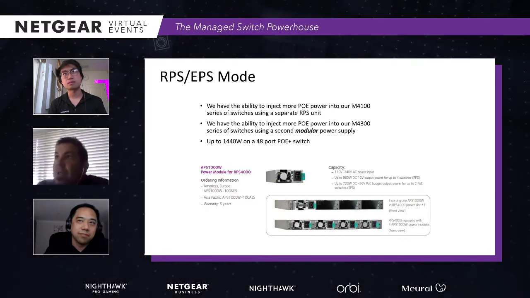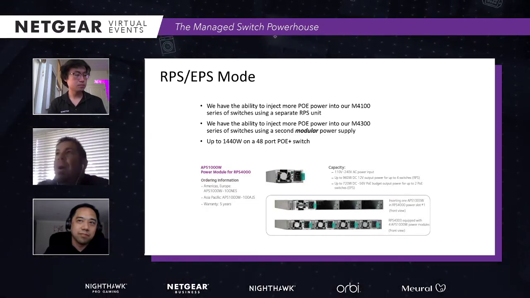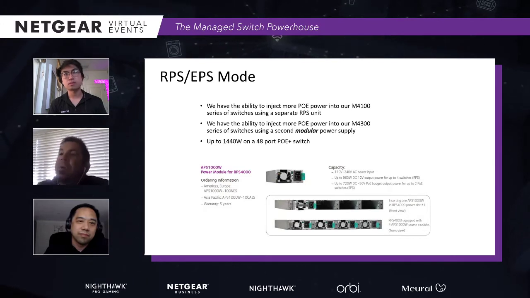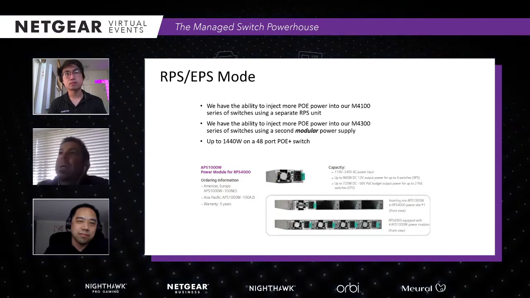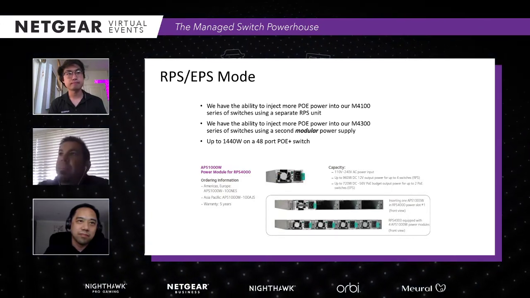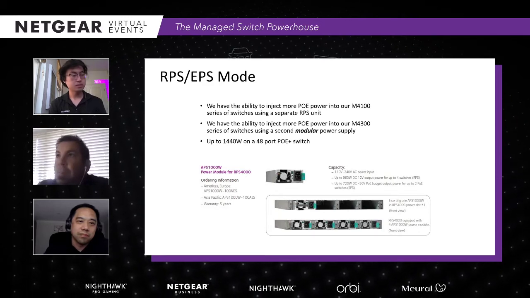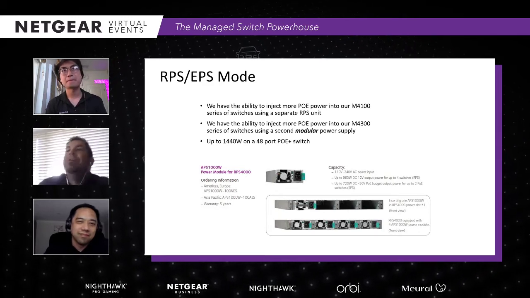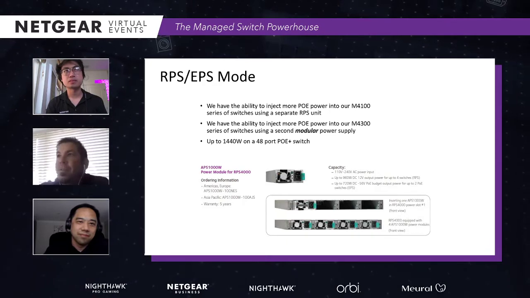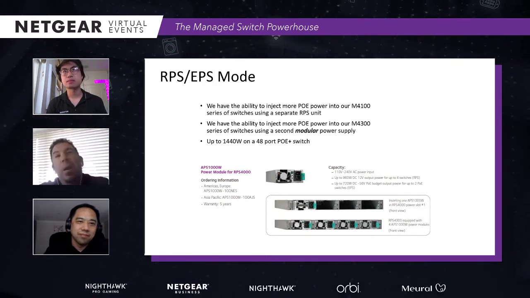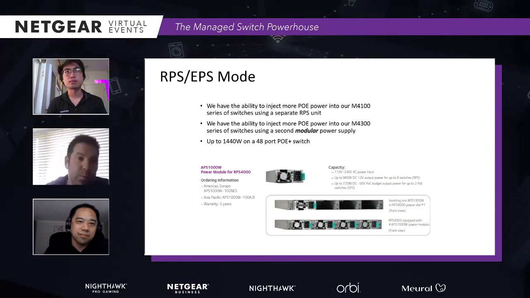But we do have higher-powered models. On our 24-port smart switches, we've got what we call the PP, ends with a double P. So you get 380 watts on 24 ports, and we have one on our 48 ports with 760 watts.